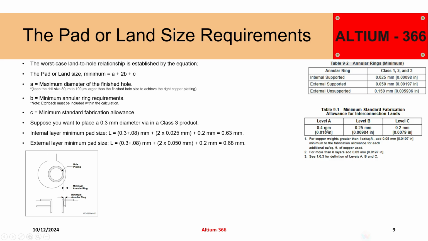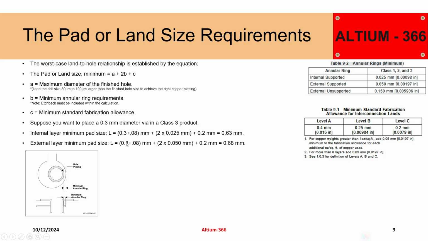And for class 2, it's allowed up to 250 micrometer, and for class 1, 400 micrometer. So suppose you want to place a 0.3 millimeter diameter via in a class 3 product. We will put the values in the formula for the internal layer minimum pad size and the external layer. Let me start with the external one.